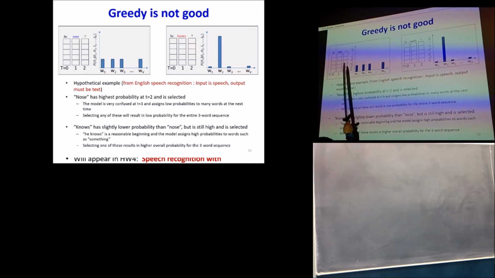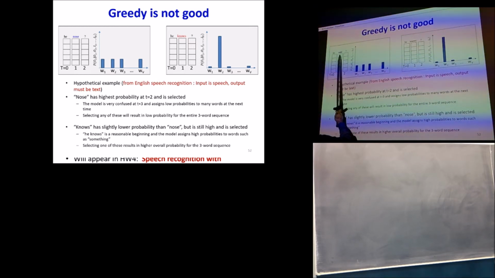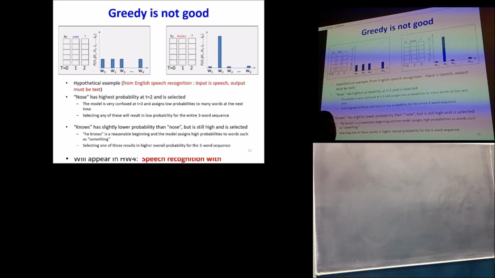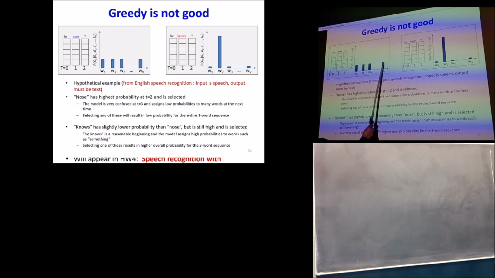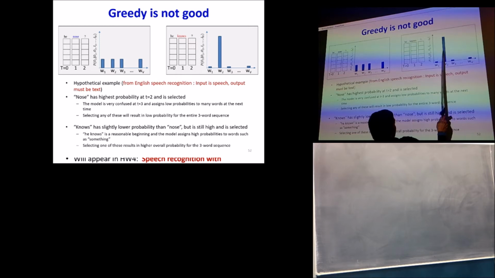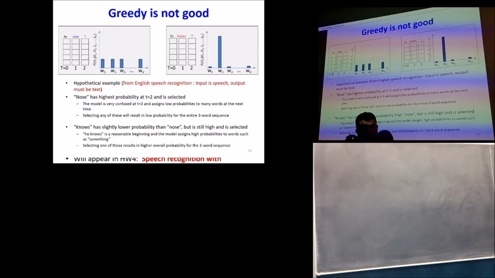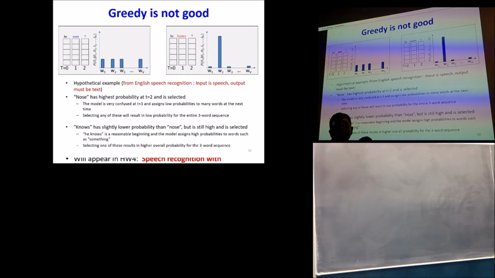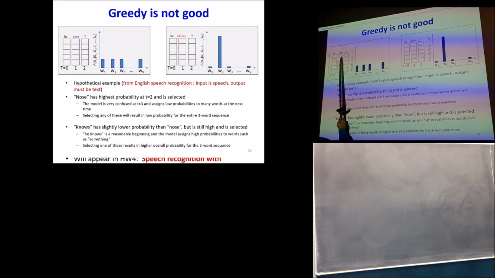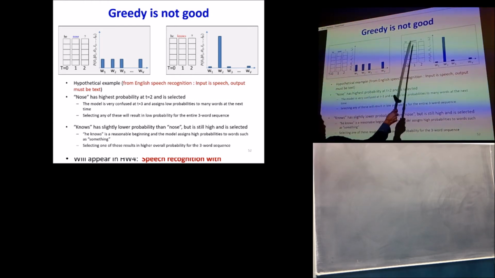And that's because by introducing this "knows", which is the organ, we made the words at t equals 2 very confusable, and so it assigned low probabilities to all the words, whereas when you chose this word over here, the output probability distribution was peaky at a specific word, and just picking that word meant that the sequence of 3 words in the second case is more likely than the sequence of 3 words in the first case, even though the second word here was locally less likely than the second word here.